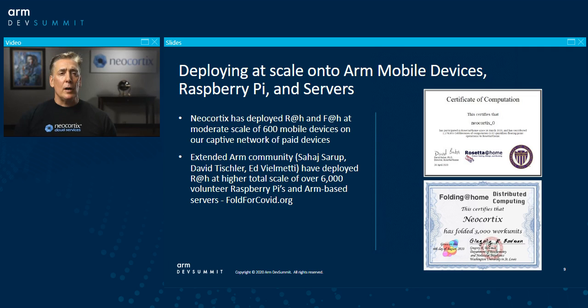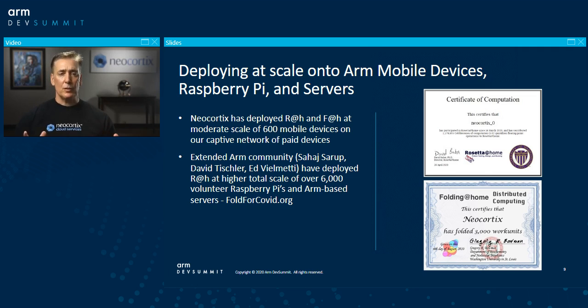Neocortex has its own platform, a roster of devices that we can use to deploy. We've deployed Rosetta at Home and Folding at Home at a moderate scale of about 600 mobile devices onto our captive network of about 3,000 devices that we are currently paying for.